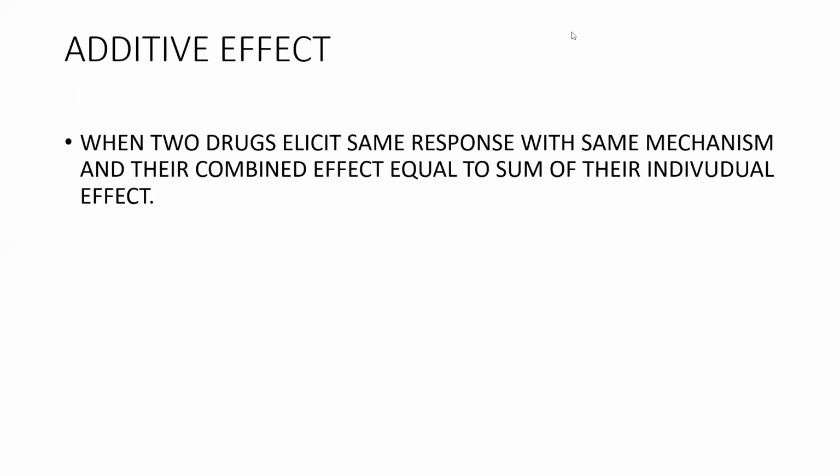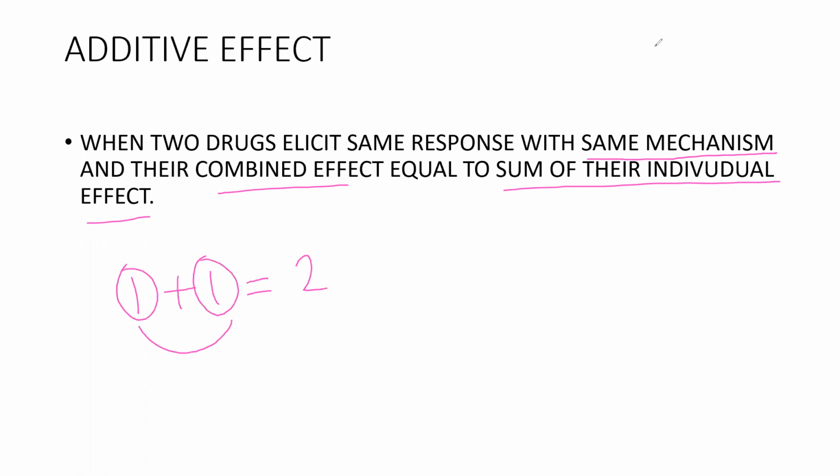Now let's go to our second one, additive effect. Additive effect means when two drugs elicit the same response with the same mechanism. Before, I told different mechanism; here, same mechanism, and their combined effect is equal to the sum of their individual effects. That means here also 1 plus 1 is equal to 2. If we combine these two drugs, the ultimate effect is a combination of those two effects, but these two have the same mechanism of action.